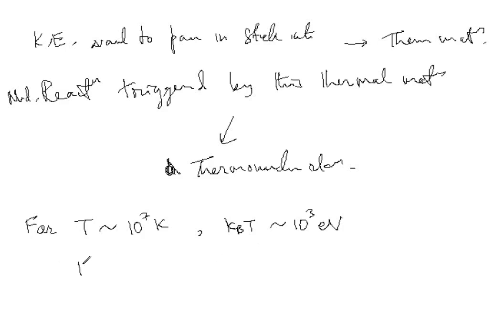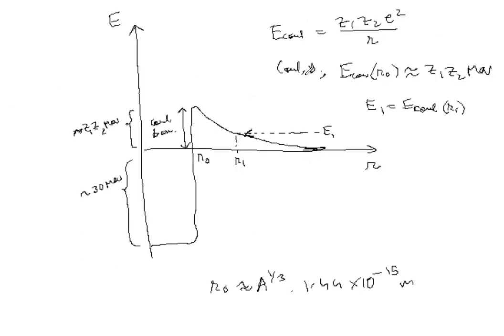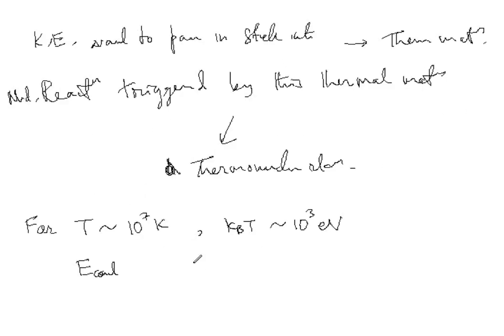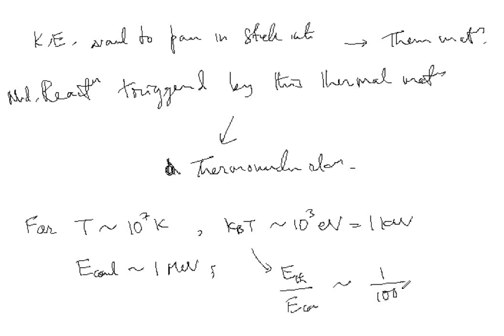And what is the Coulomb barrier? Remember here, this is the Coulomb barrier, Z1 Z2 MeV. So I am talking about how much? 1 MeV Coulomb barrier. So compared to this, this is 1 keV. So you see this thermal energy divided by E Coulomb is of the order of 1 by 1000.